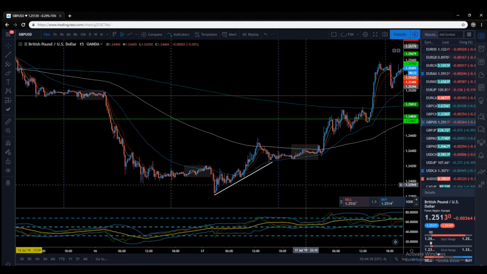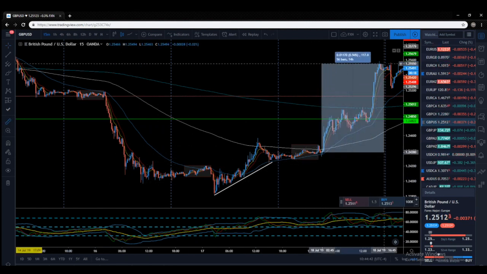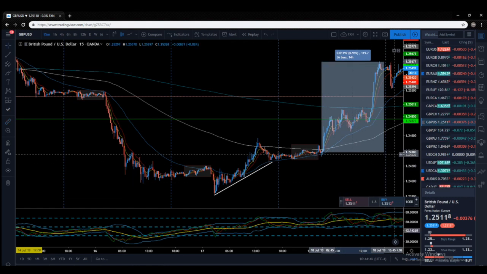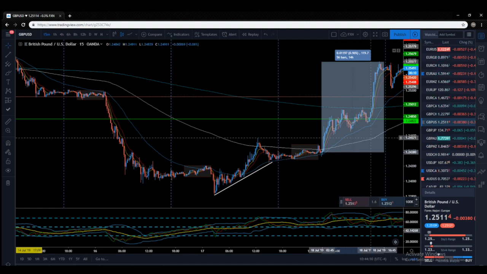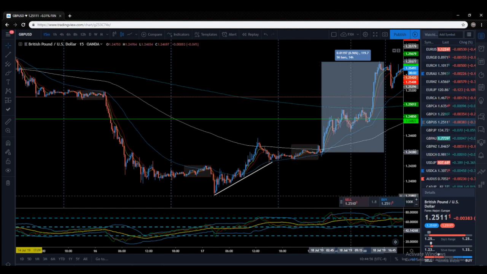Here's another example. These moves are well over 100 pips, so if you can catch them, it's a really good swing trade to hold. But there's another example on pound USD.